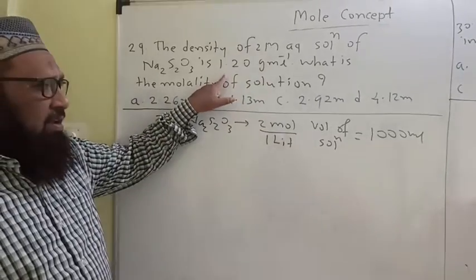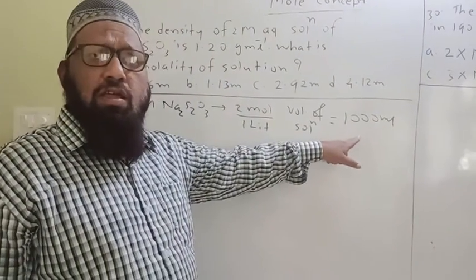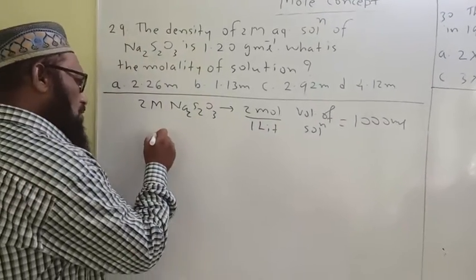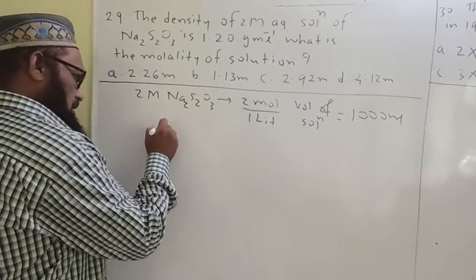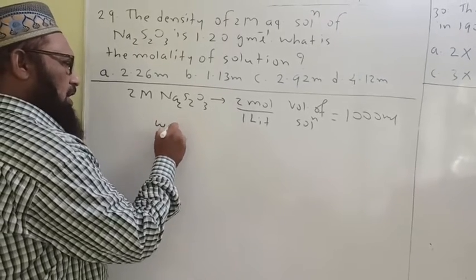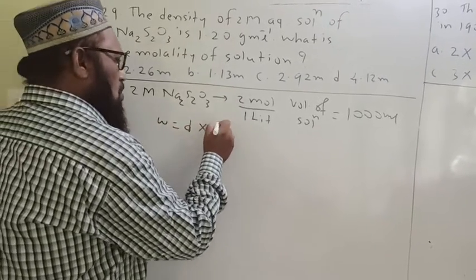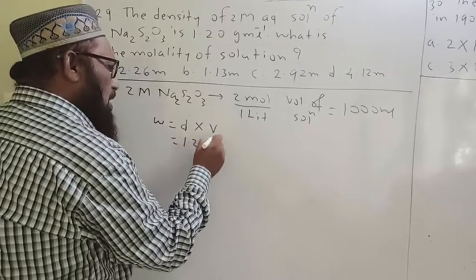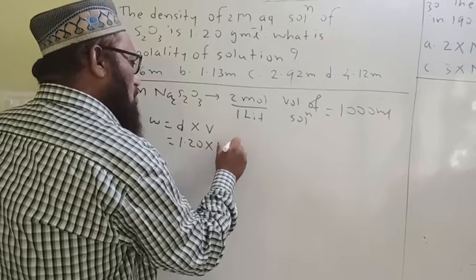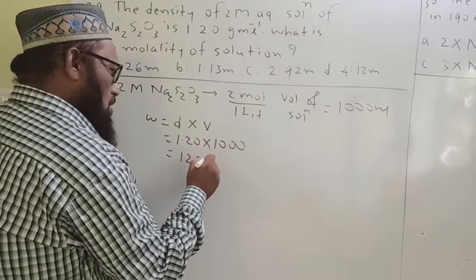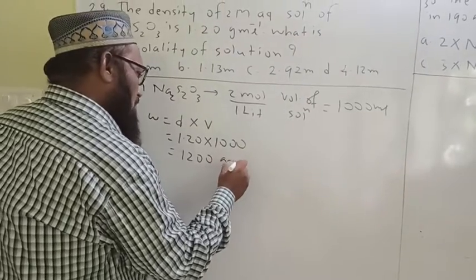Density is given, volume is given. We can determine the weight of the solution. We know the formula, density is equal to weight upon volume. Therefore, weight is equal to density into volume of the solution. Density is 1.20, volume is equal to 1000. This comes to 1200 gram.